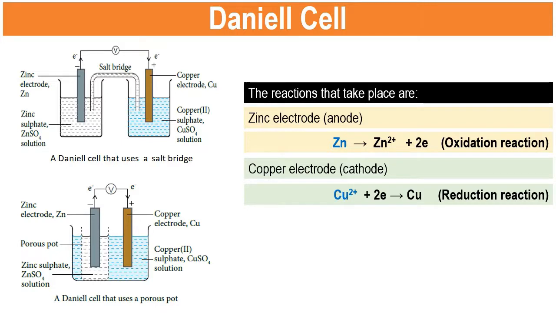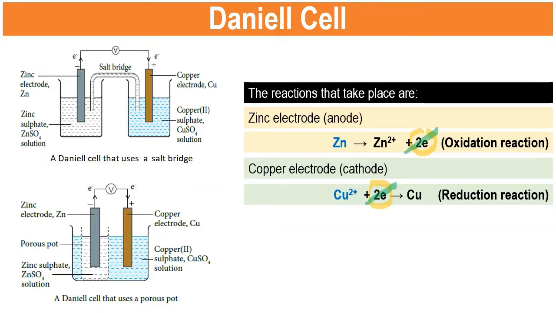Make sure that the number of electrons are the same: 2 electrons, 2 electrons, the electrons after the arrow in one must be before the arrow in the other. If the electrons are the same quantity, then we cancel out the electrons.